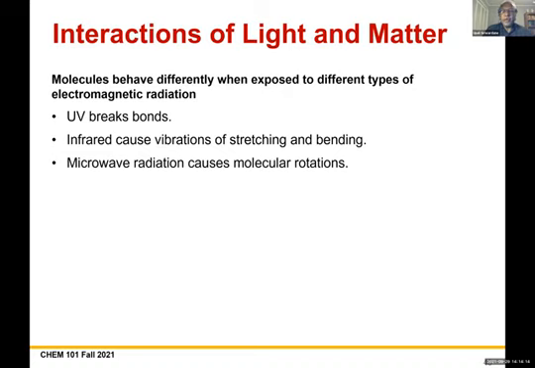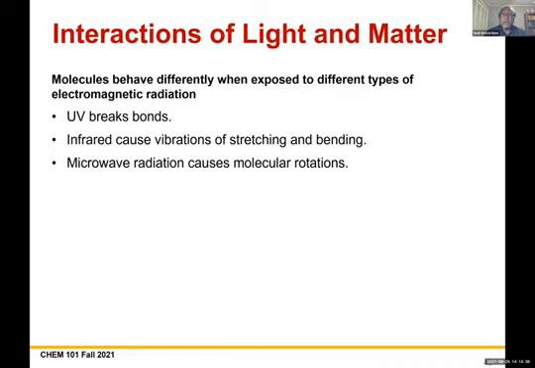Microwaves can cause molecular rotations. When you use a microwave, do you realize you had to have some water in the food to get it heated up faster? If you don't have water, it's going to take a long time. The microwave absorption by water rotates the water molecules.